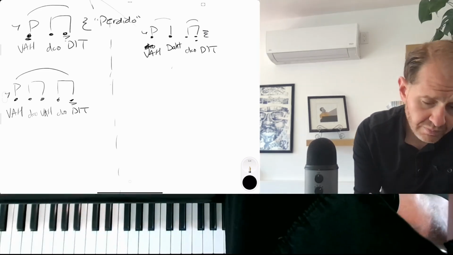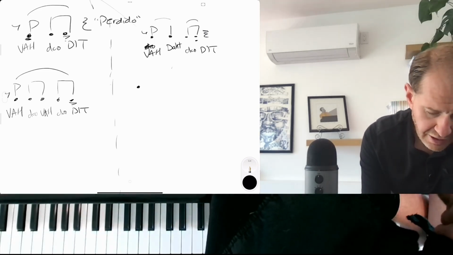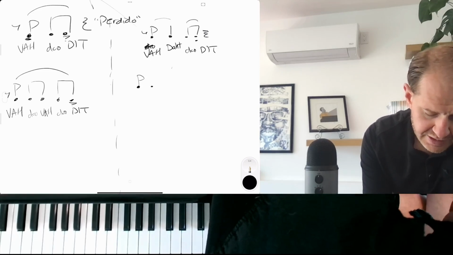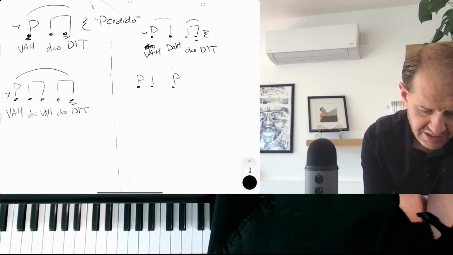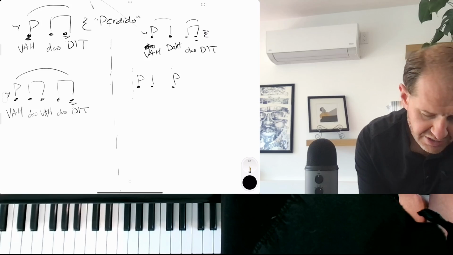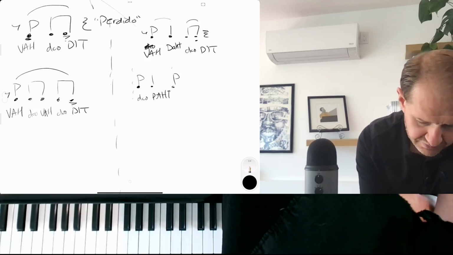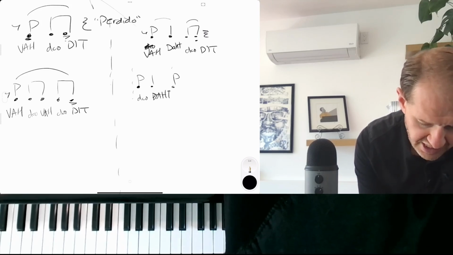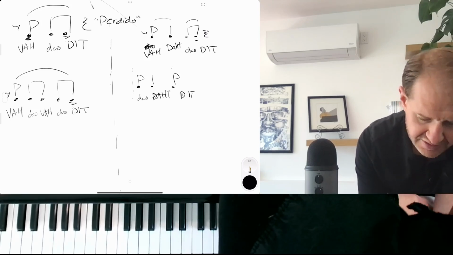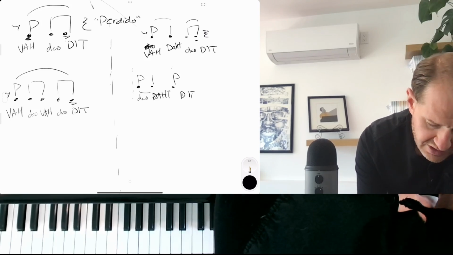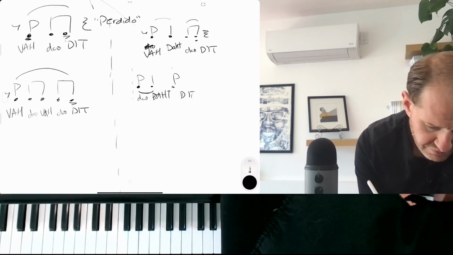Va da do dit. Or we could put the quarter note on the offbeat. Da da da. So now this is going to be on the downbeat. It's going to be do dot dit, do dot dit, do dot dit, and just the first two are going to be legato.